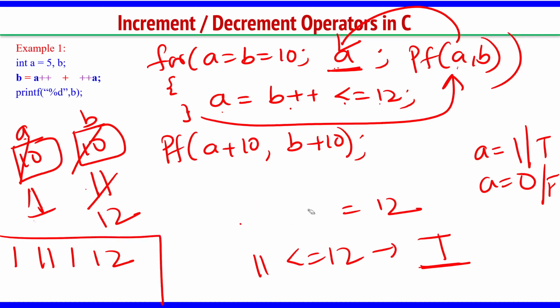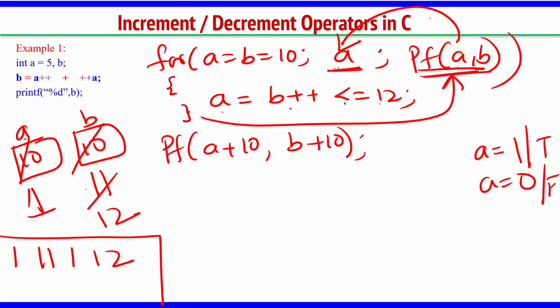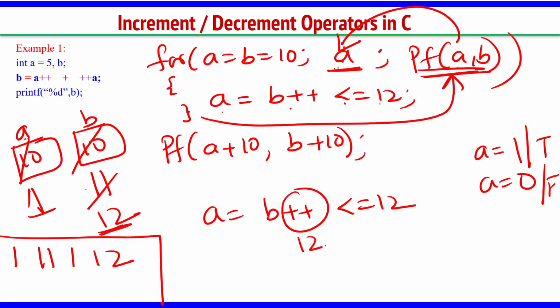From here again you go back to condition. You have done the increment decrement part, you come to condition. The a value is 1. 1 is non-zero, therefore true. Enter inside the body. Again there is a equal to b plus plus less than or equal to 12. This I will do later. What is value of b? It is 12. 12 less than or equal to 12 is true.